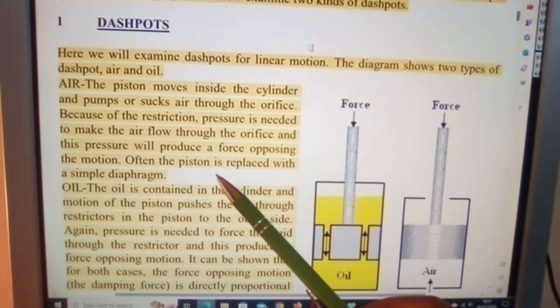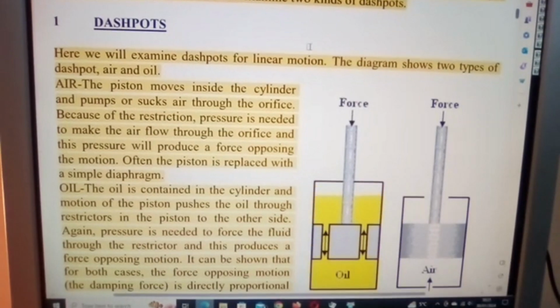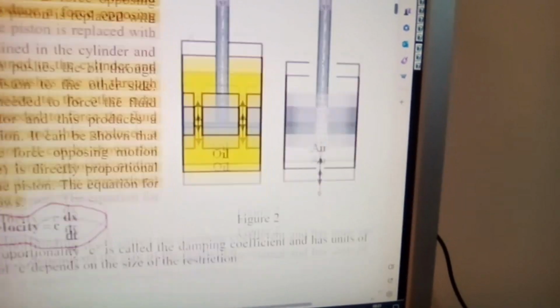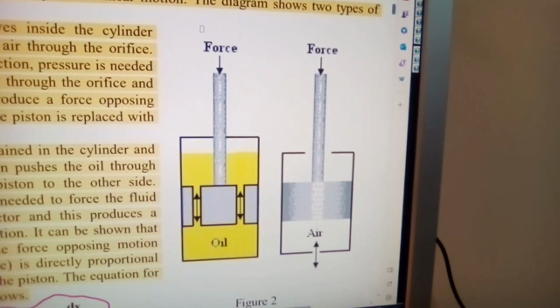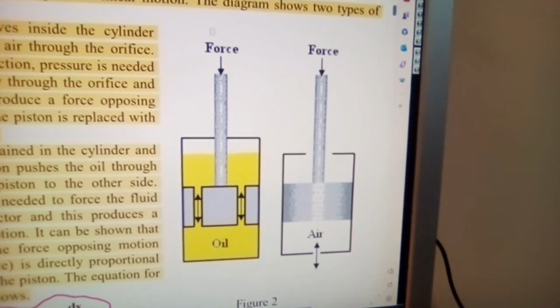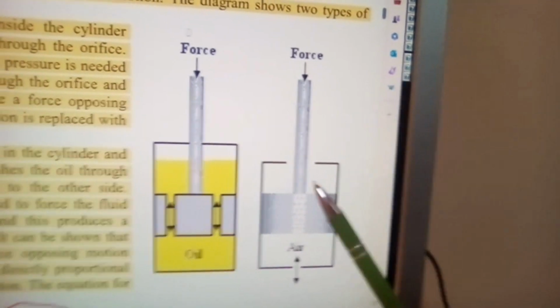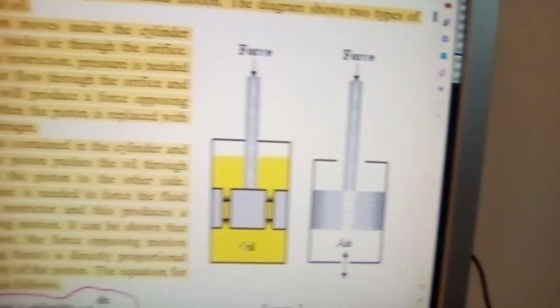Often the piston is replaced with a simple diaphragm. And here is our air diaphragm dashpot. Let me make sure that you can see it. And a dashpot, oil.